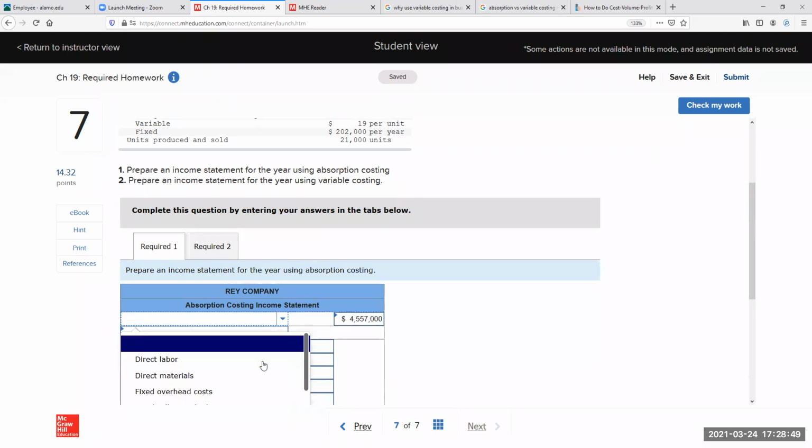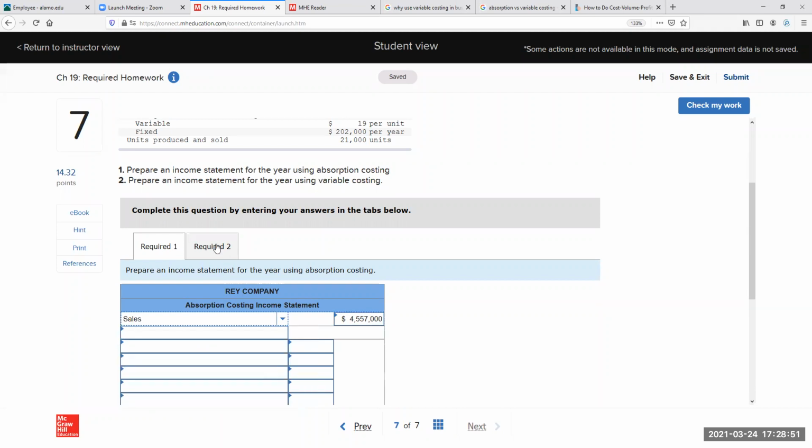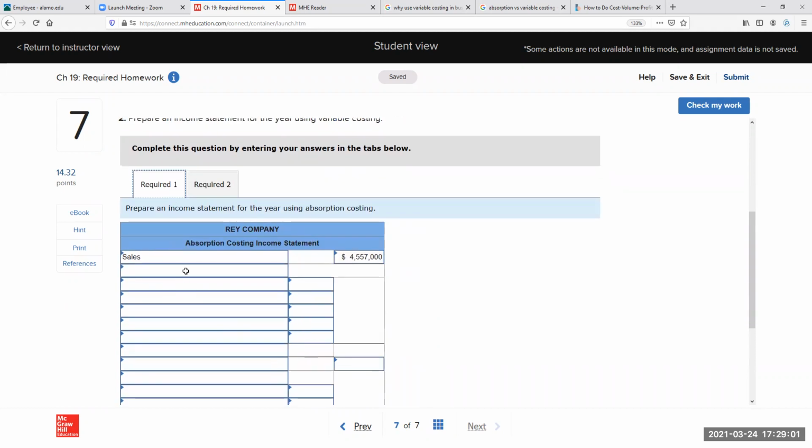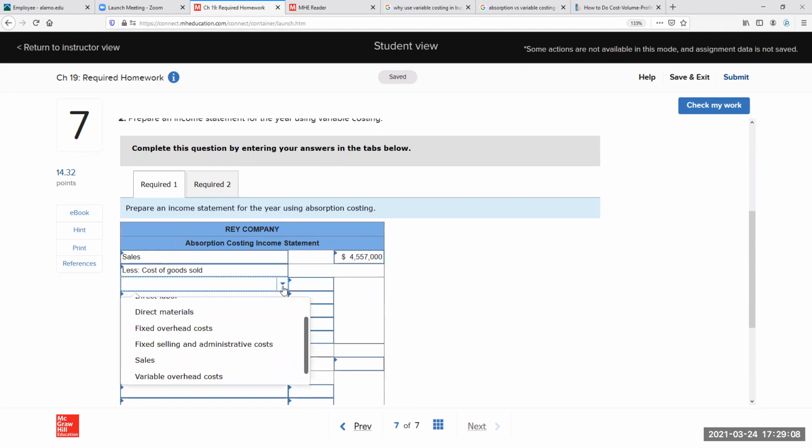Sales. And let's go here. This one is absorption. Well, sales start off the same. Now over here, what is it going to be? Less cost of goods sold. And what is that comprised of?